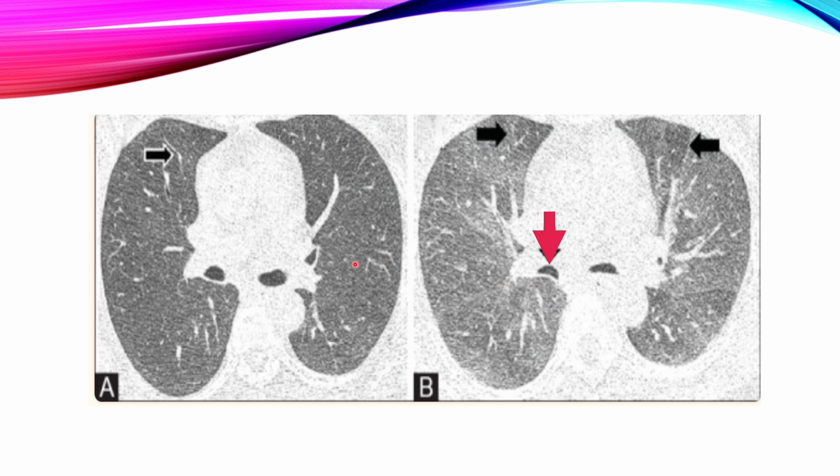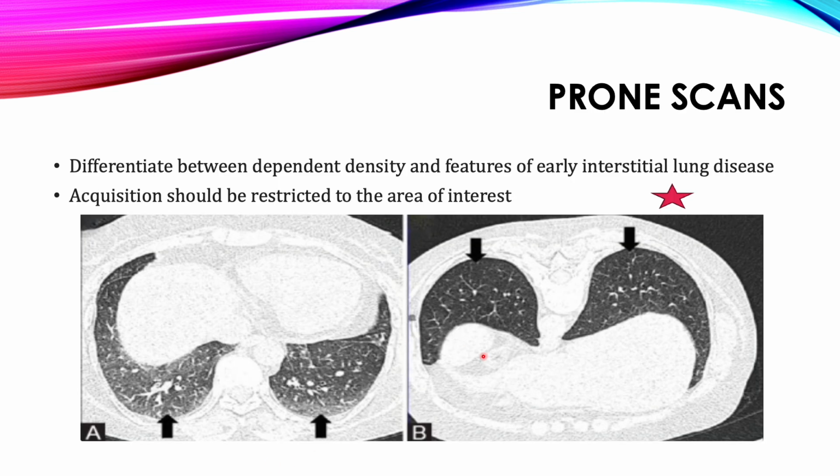So this confirms that it was an expiratory and not an inspiratory image. And here, if you see, there are multiple areas of black and gray alternating. So it suggests air trapping. The black arrow is air trapping. And so, again, it helps in the diagnosis.